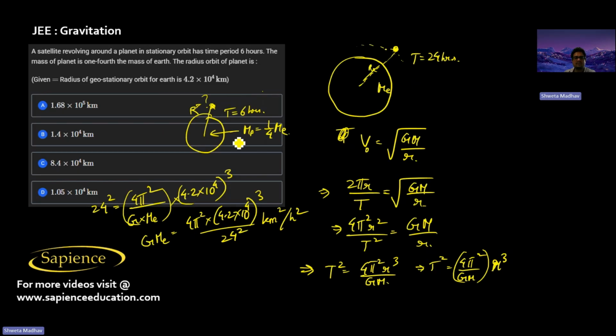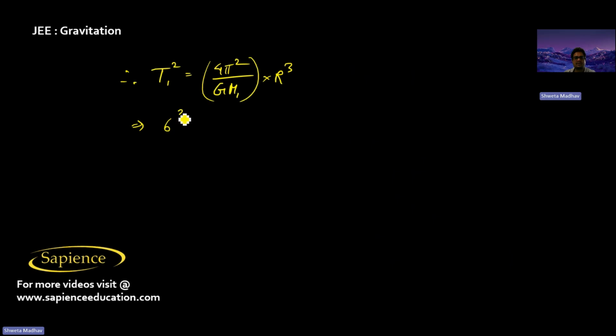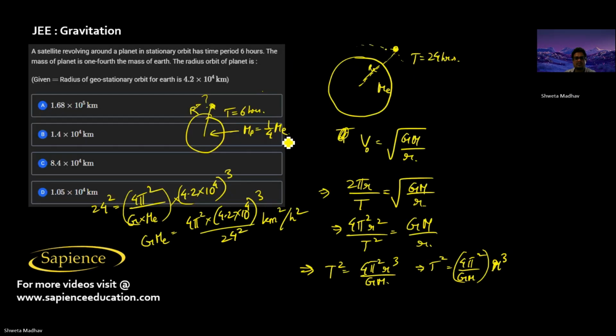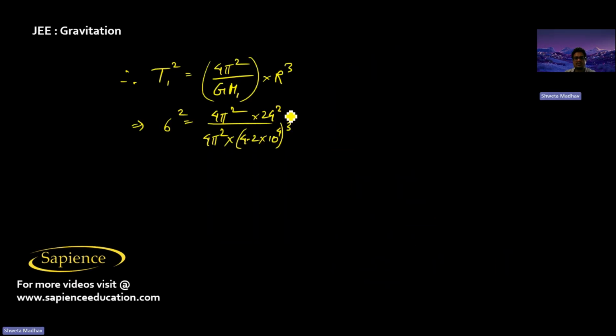This r only we have to find out. So T1 square is 6 square, that is equal to 4 pi square by GM, that is equal to 4 pi square into 4.2 into 10 power 4 whole cube by 24 square into R cube.